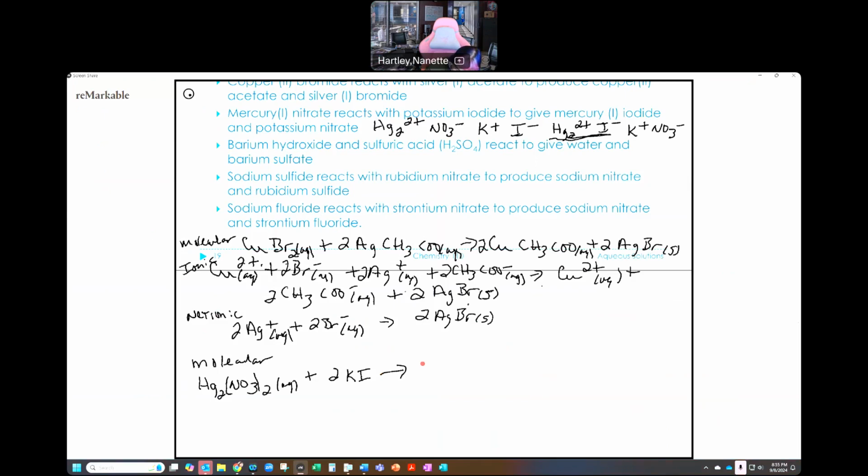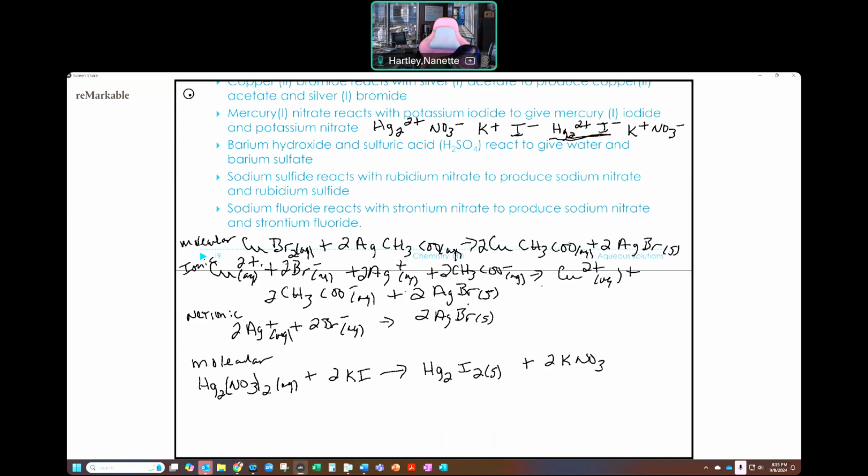And then on the other side, I'm going to have Hg2I2. Again, I need 2 I minus to go with the 2 plus. This is going to be a solid, plus 2 KNO3.